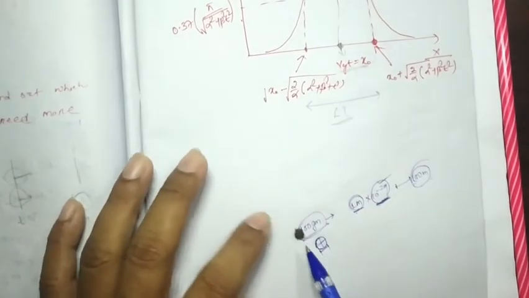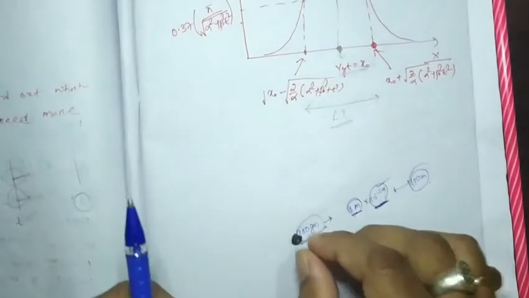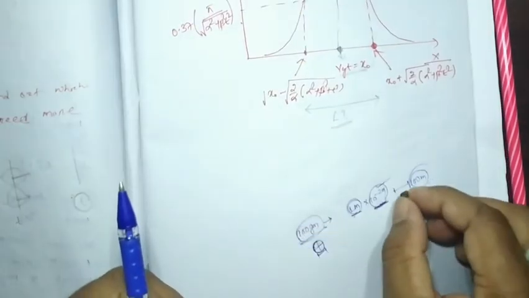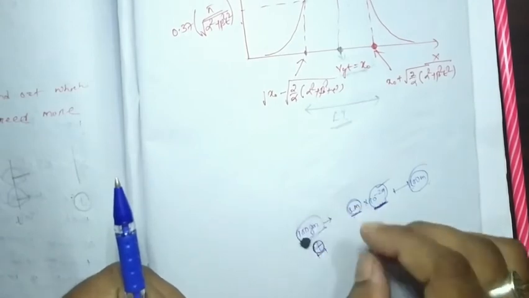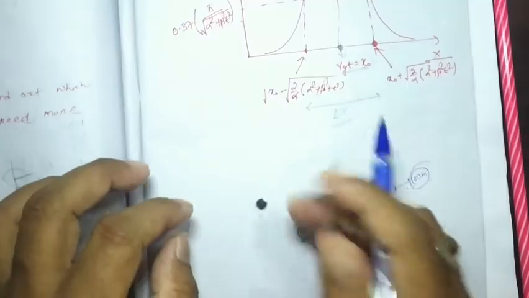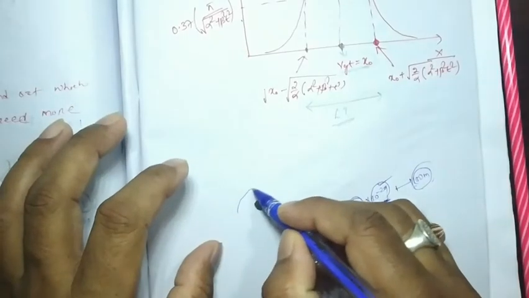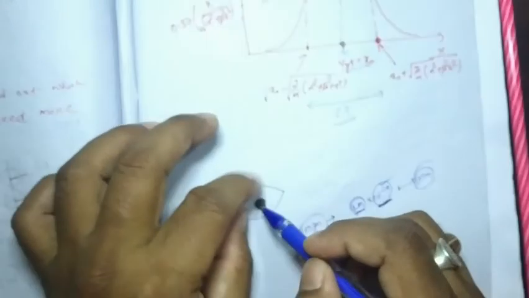Suppose this is an object with a mass of 100 gram, and it moves a distance of 100 meter. Its corresponding wave packet, suppose this is the particle, is associated with a wave packet like this. It will be centered here, and this is the particle's wave nature.